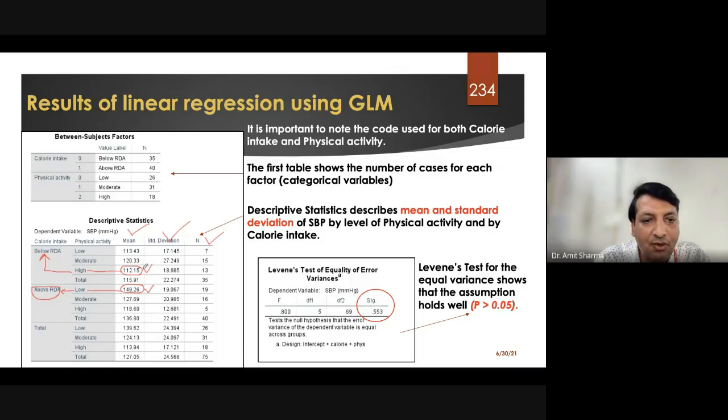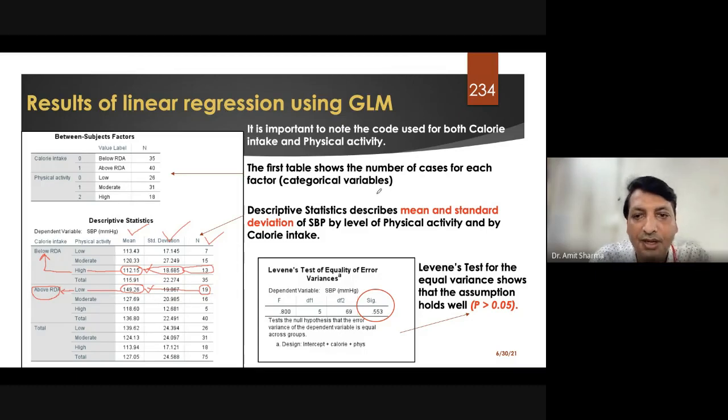Whenever we are discussing this, we have to write the standard deviation was found to be 18.65, and the total number of patients is 13. Only 19 patients are there whose mean systolic blood pressure was found to be 149.26, and standard deviation is 19.06, and they do low physical activity but take calorie intake on the higher side.